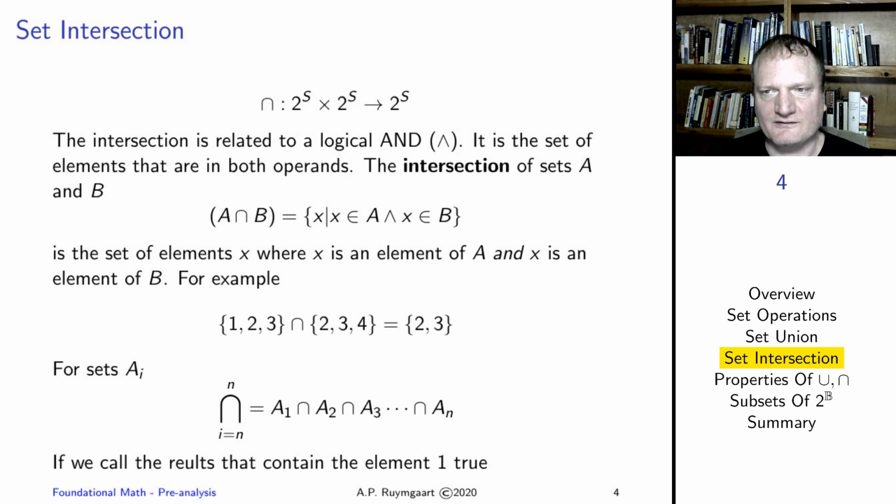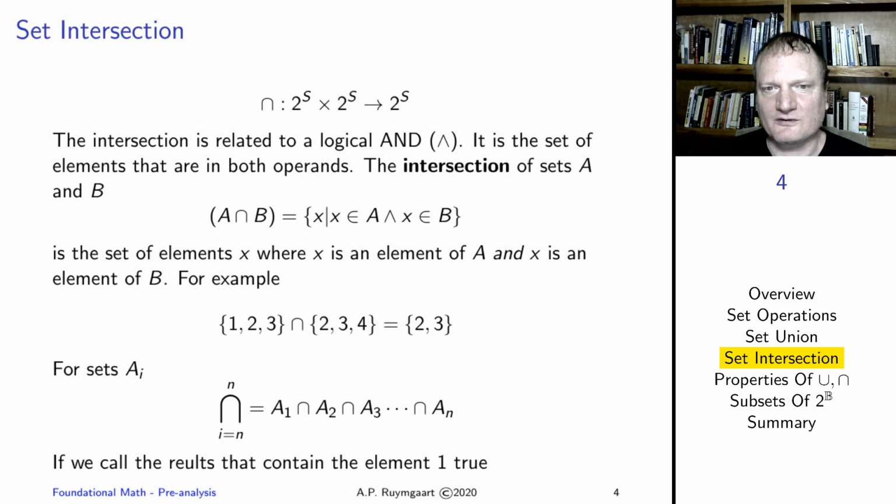So the intersection of sets A and B is the set of elements X, given that X is an element of A and X is an element of B. It's the set of common elements where X is an element in both A and B. For example, if on the left we have the set of numbers 1, 2, and 3, and on the right we have the set of numbers 2, 3, and 4, the set of common numbers in these two sets is the set of numbers 2 and 3.